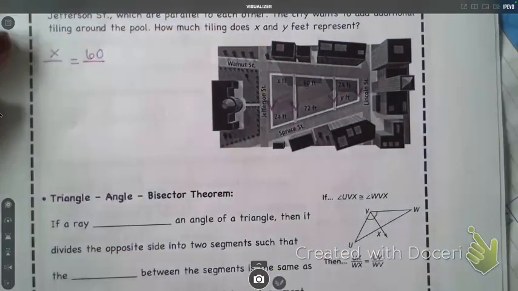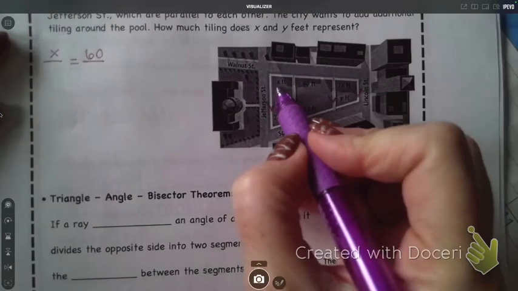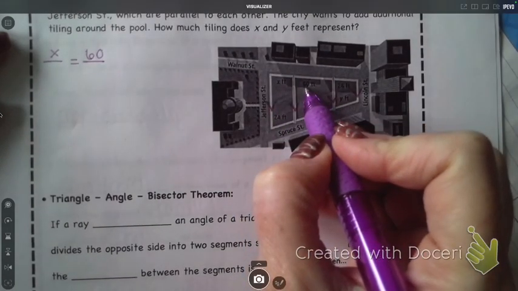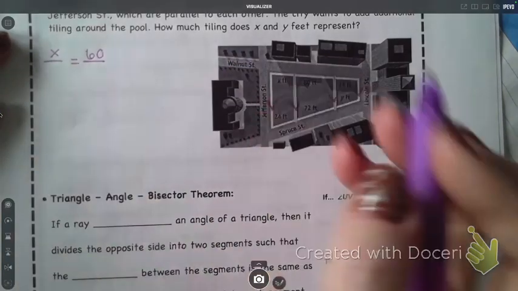Could I put X over 60 if I wanted to? Yes, Brianna, right. Why is it equal to 60? Because I have X and 60 in my top. You could put X over 60 if you want. I like to put it sideways.